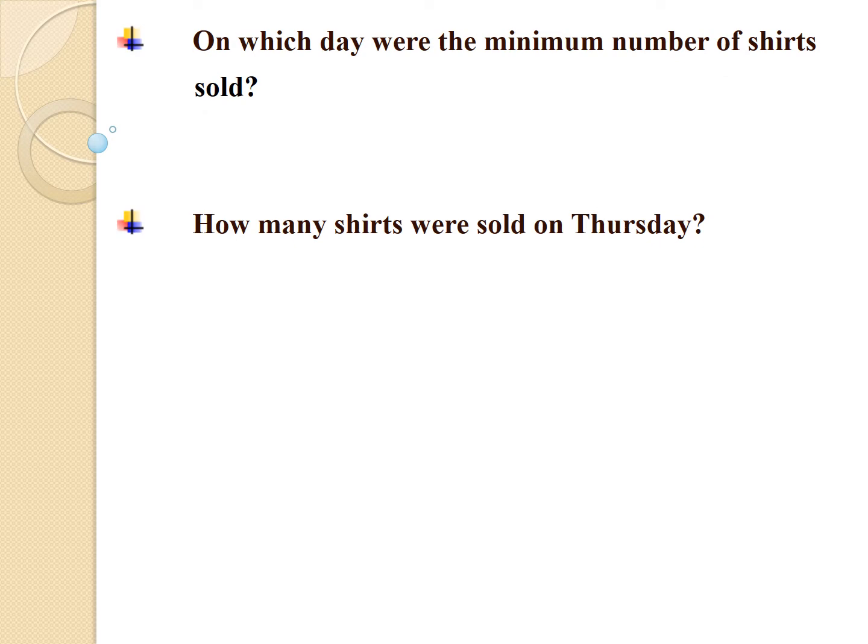Now, let us solve question D. On which day were the minimum number of shirts sold? By looking at the bar graph, it is clear to us that on Tuesday, minimum number of shirts sold.